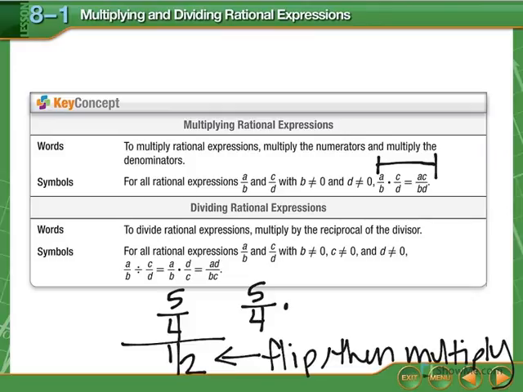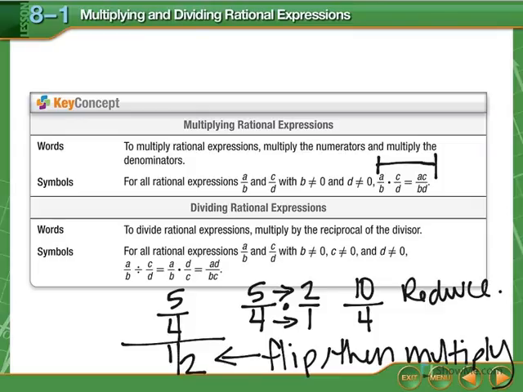If we flipped 1/2, that would give me 2/1, and then you would multiply straight across. So we'd take 5 times 2, which is 10, 4 times 1, which is 4, and then you reduce.